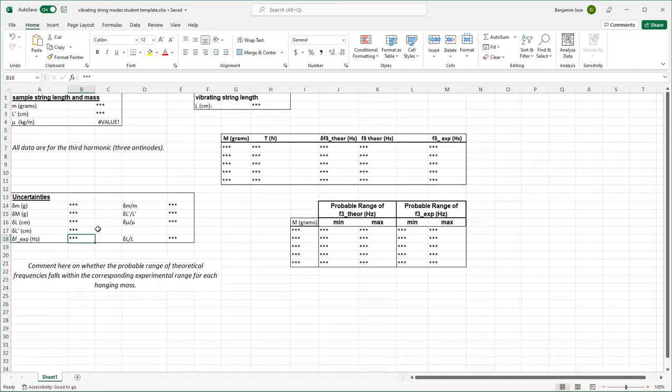Now, this next part is really easy. Over here, you just have to convert your absolute uncertainties, which have units, into your relative uncertainties, which are ratios. So for the relative uncertainty in the mass of the sample string, you would take the uncertainty in the mass, that's this number, and divide it by the mass itself, and you'll get a ratio there.